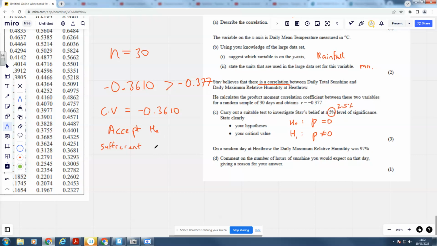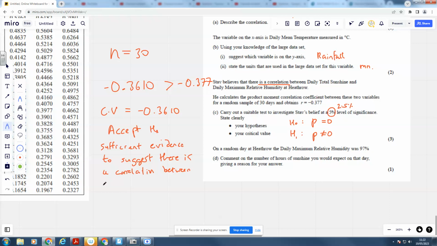That's the alternative hypothesis. So sufficient evidence to suggest there is a correlation between, now what were the two variables?